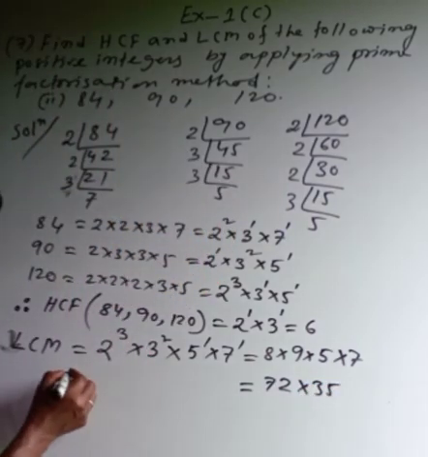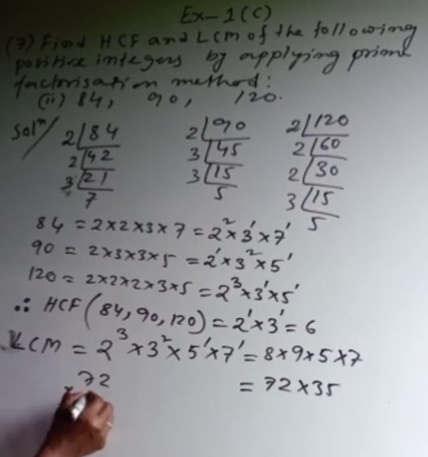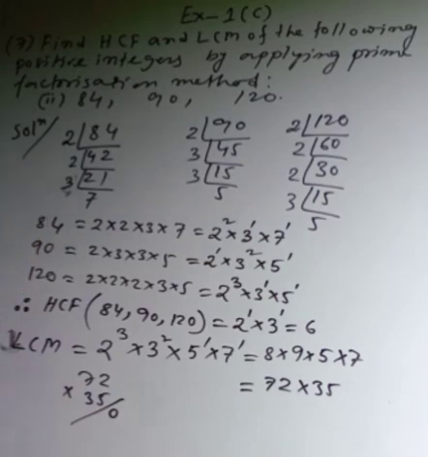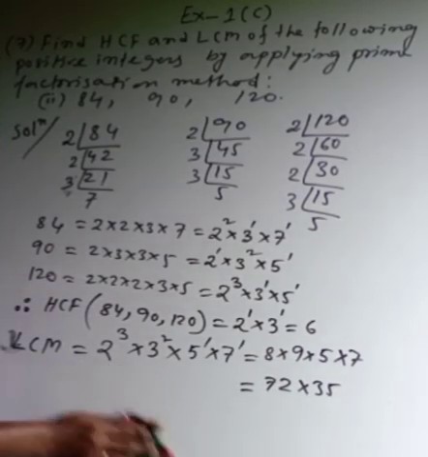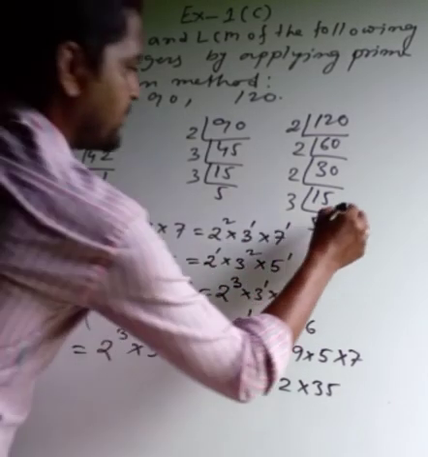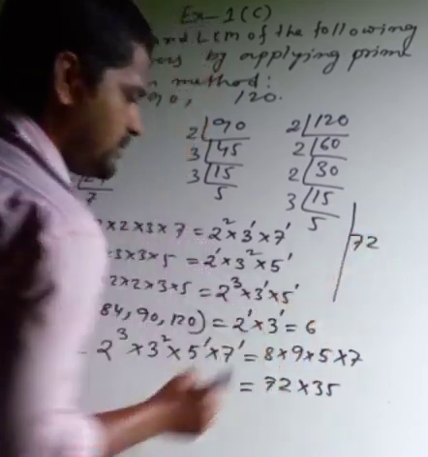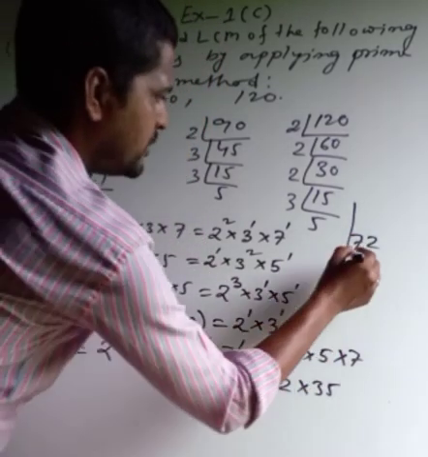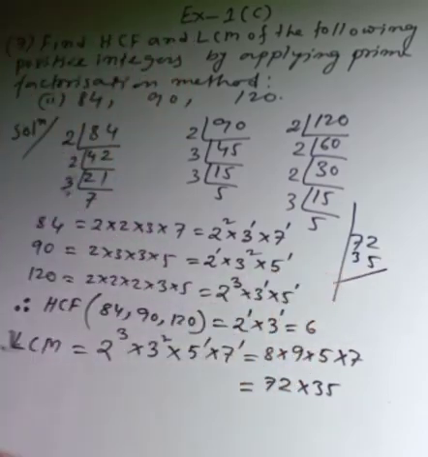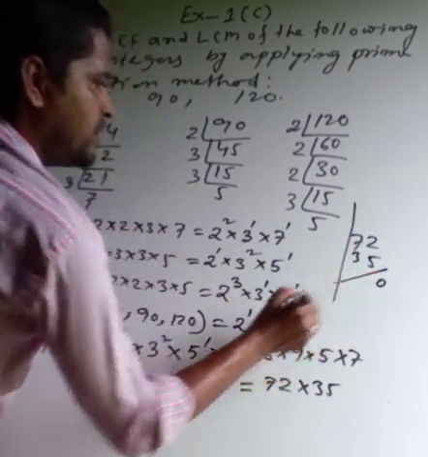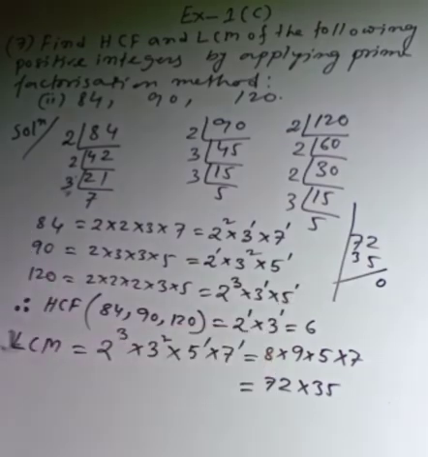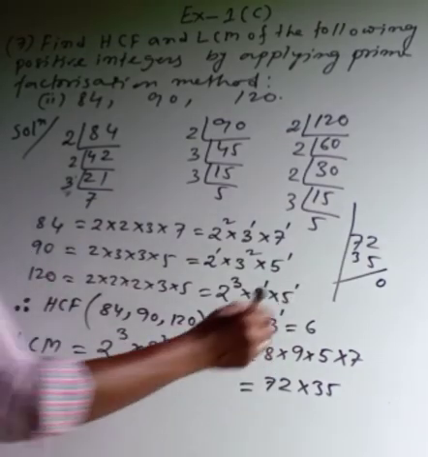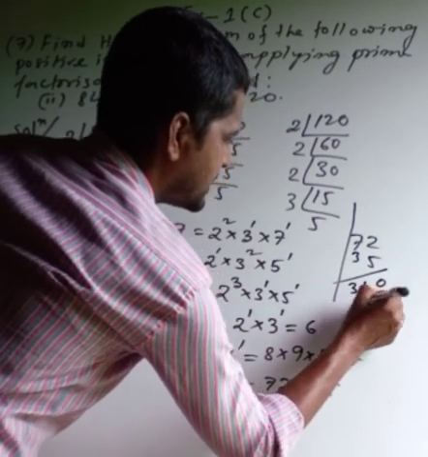Now we have to multiply 72 into 35. 5 into 2, 10, write 0 and carry 1. 5 into 7, 35, plus 1, 36.